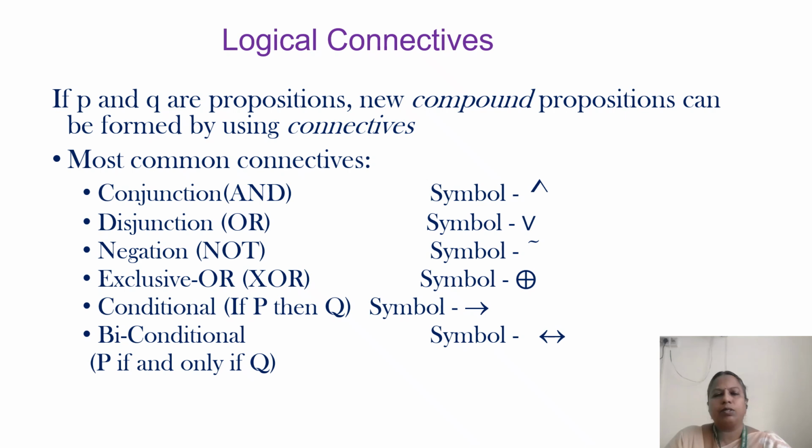The logical connectives which are used to form new compound propositions are conjunction, or we can call it and; disjunction, or; negation, or not; exclusive or, XOR; conditional statement, if P then Q; and biconditional, P if and only if Q. So these are the common logical connectives that are used to form new compound propositions.